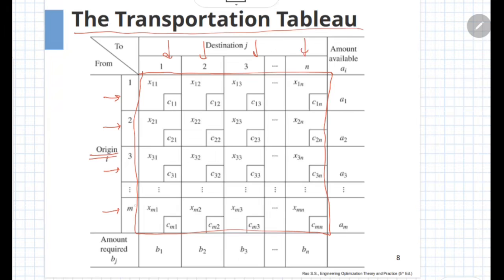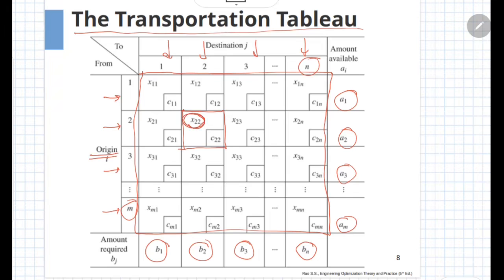So there are m rows and n columns. The last column indicates the quantities which are available at different origins, and the last row indicates the different demands required by the different destinations. At every intersection point, for example, if you take second row, second column, this indicates the quantity inside this particular cell.